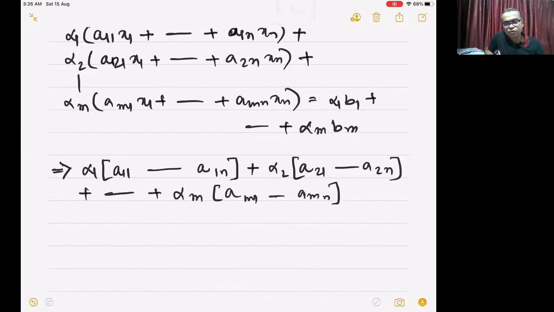This linear combination of the rows is equal to the linear combination of these entries. Does this make sense?